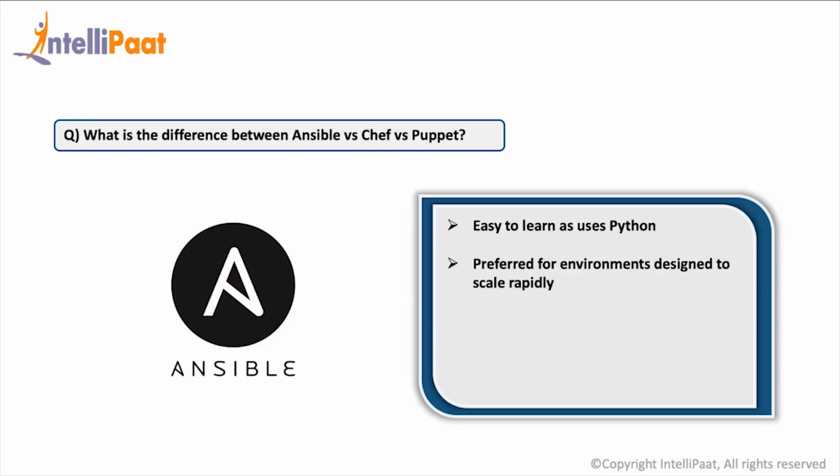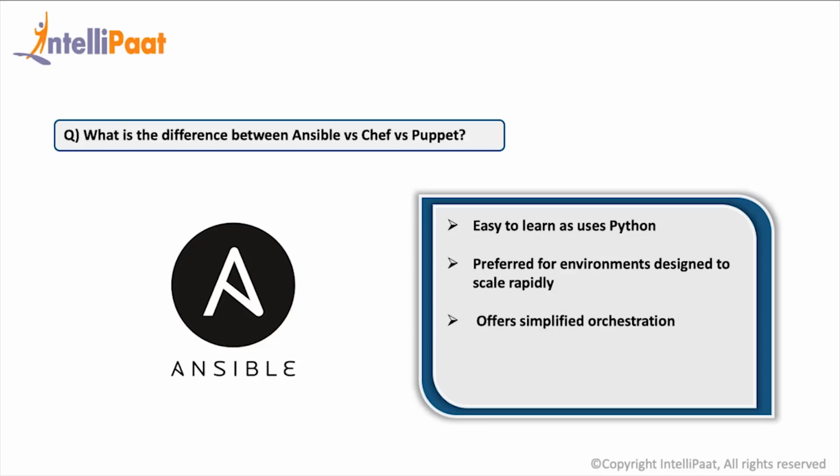Basically, with Ansible, you don't have to install the Ansible client software on the systems on which you want to deploy the configuration. Ansible just has to be installed on the master, and that is it. No other configuration required. You can directly control the configuration of the client server, given you have access to it.